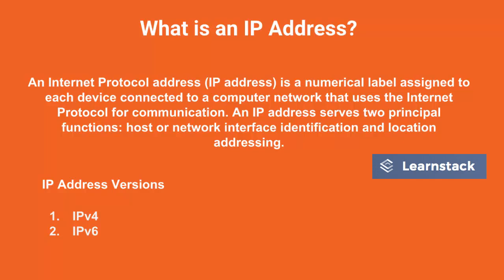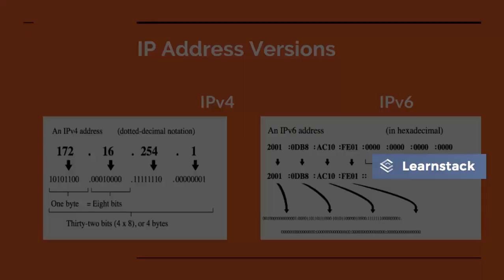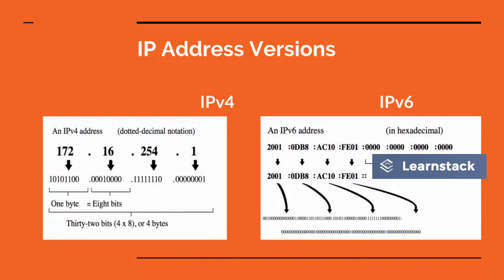Up until now, there are two different types of IP addresses available. The first one is IPv4 and the second one is IPv6. On the left side of the screen, you can see how a typical IPv4 address looks like. It consists of 4 dotted decimal notation numbers, each ranging from 0 to 255.